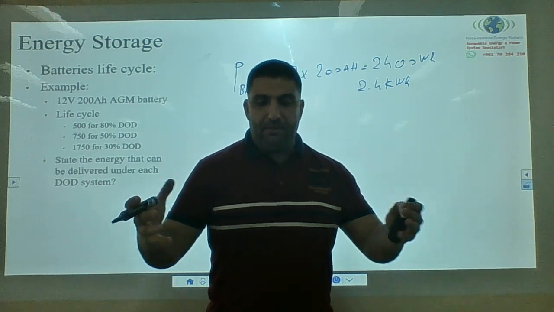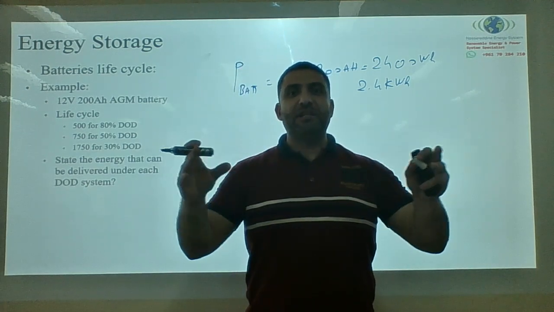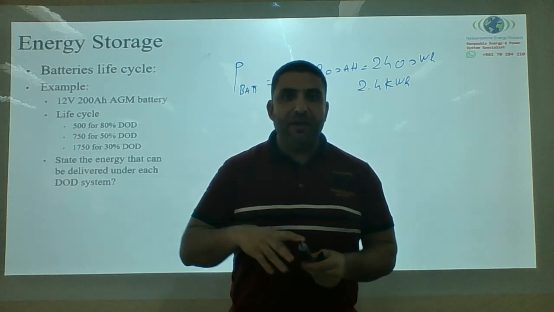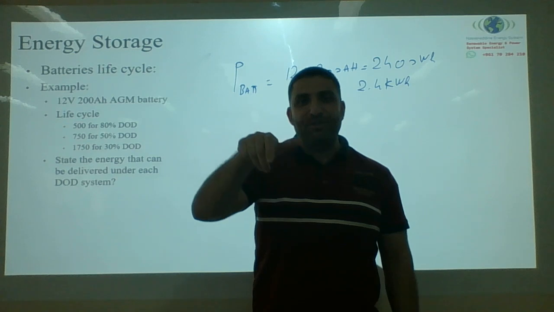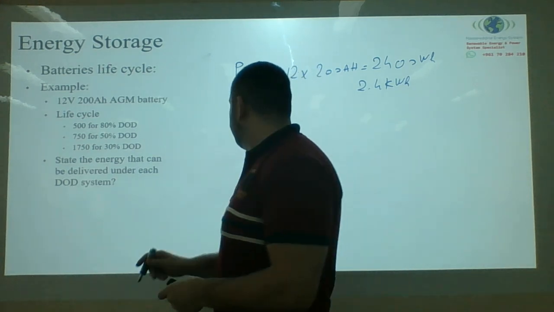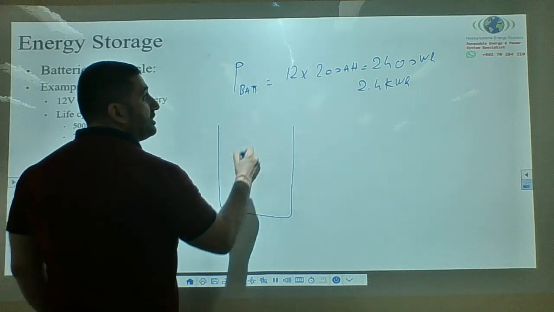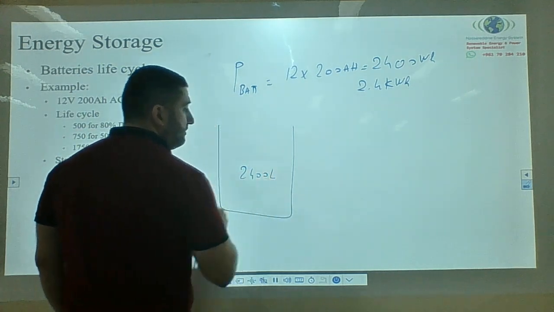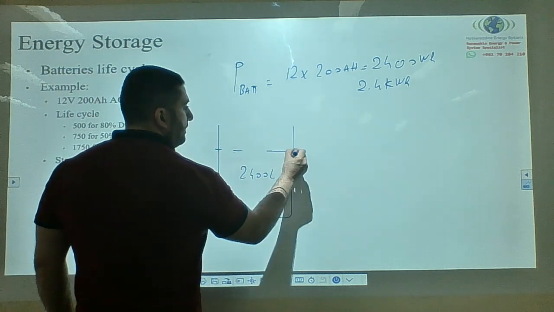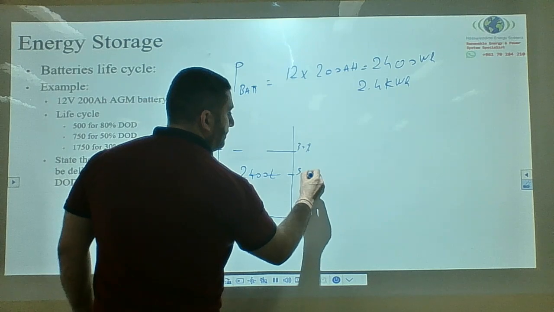That's my tank. Let's give you an example with water. If you have a water tank of 1,000 liters, however, you set your tap so that you can only use the top 30%. This is your tank, which holds 2,400 liters, for example. This is 30%. This is 50%.